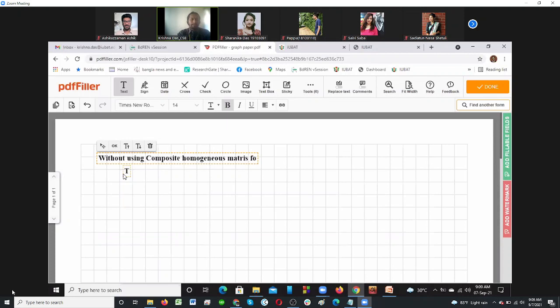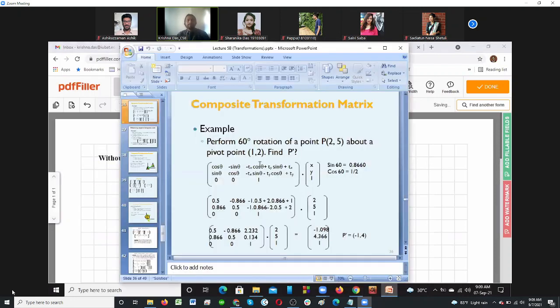With the formula, you have understood what you need to do whenever you are using the formula.